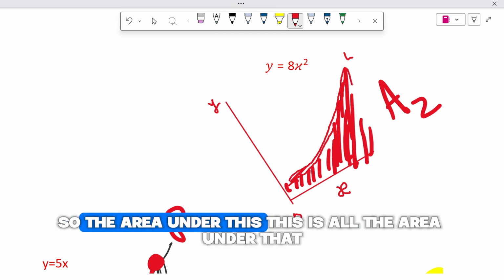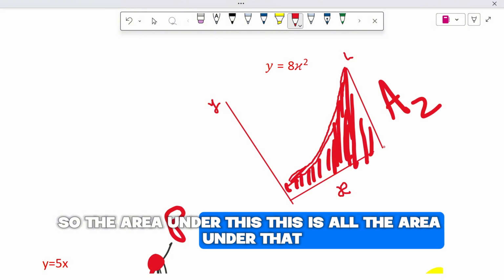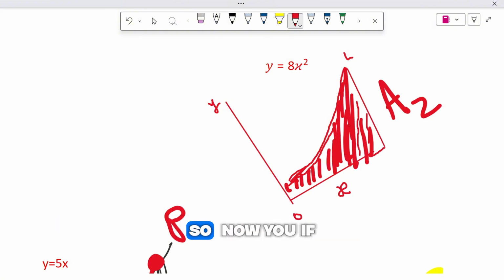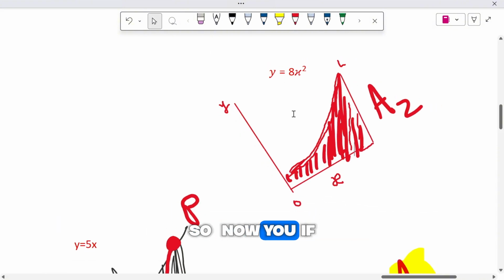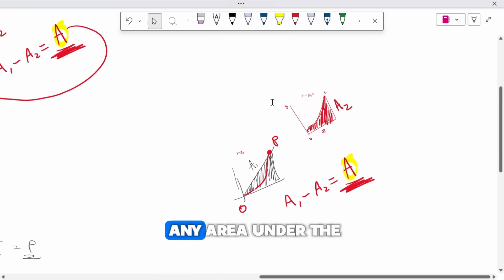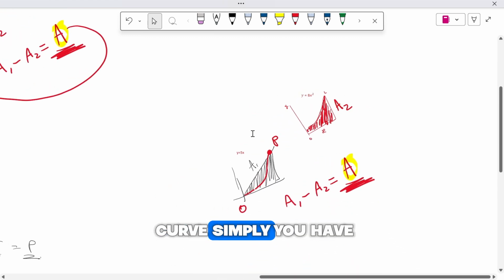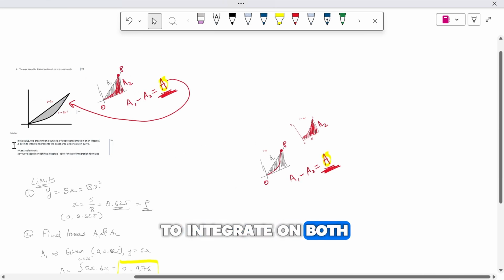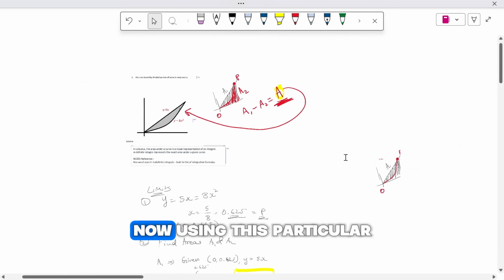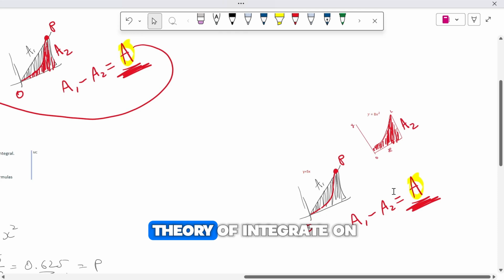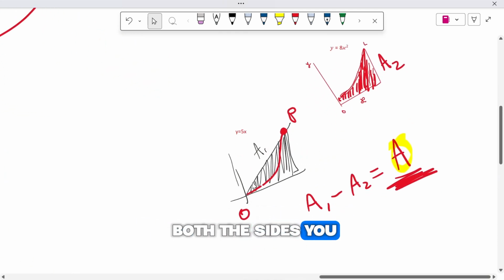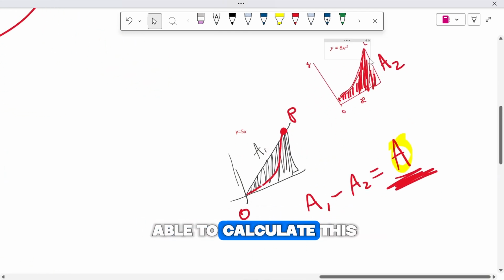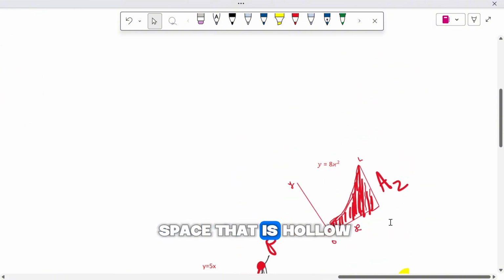The area under this is all the area under that. Okay, that's actually better. So now if you want to find any area under the curve, simply integrate on both sides. Now using this theory, you are able to calculate this triangle and you are able to calculate this space that is hollow.